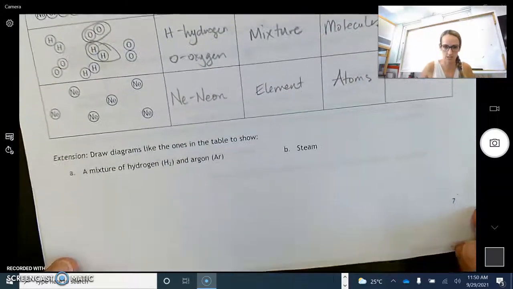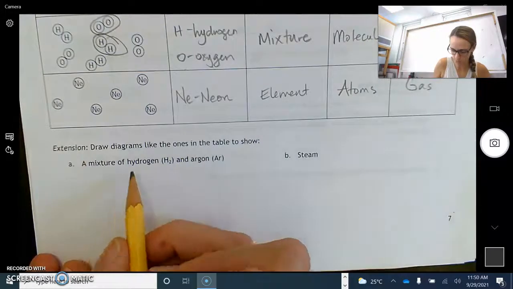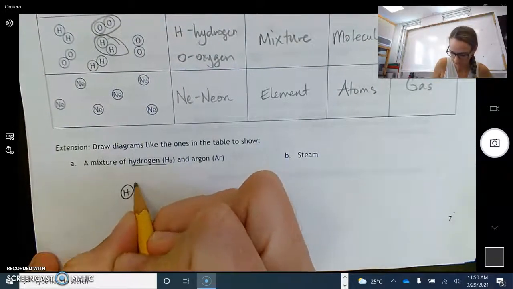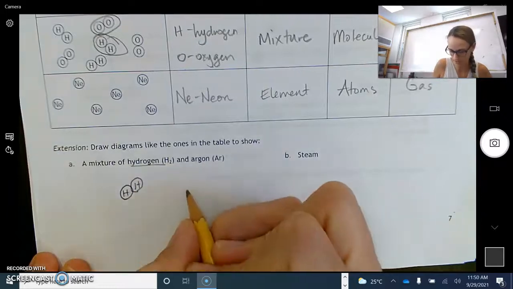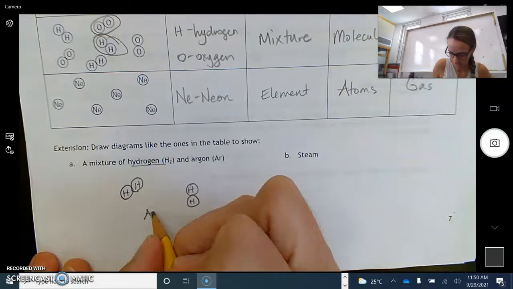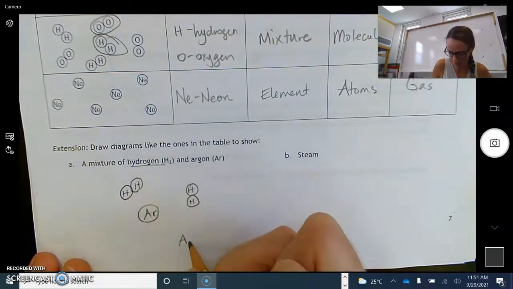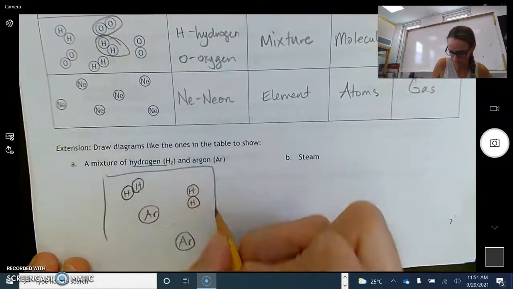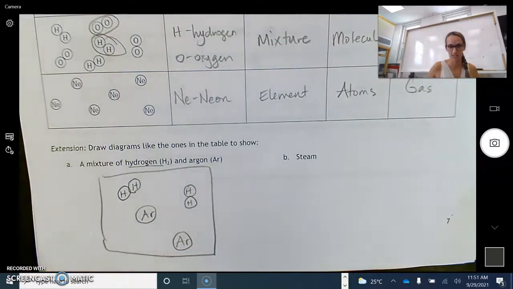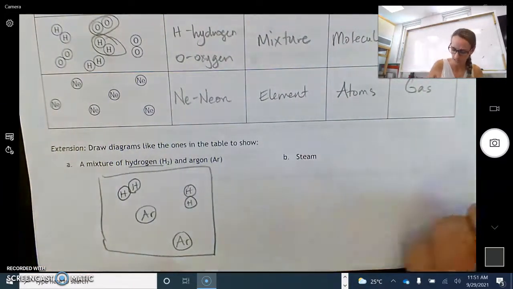If you did the extension, you should have drawn, for the first one, some H2 molecules. That means 2 hydrogen atoms connected, and single argon atoms. And you'll notice my hydrogen molecules and my argon atoms are not touching because it's a mixture.